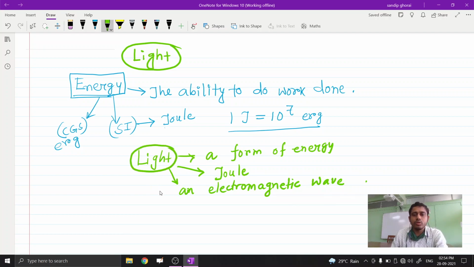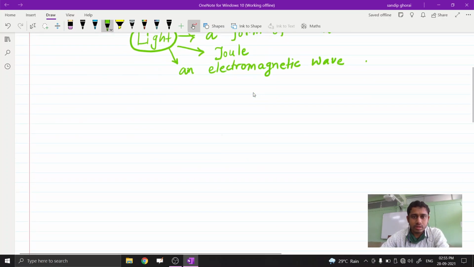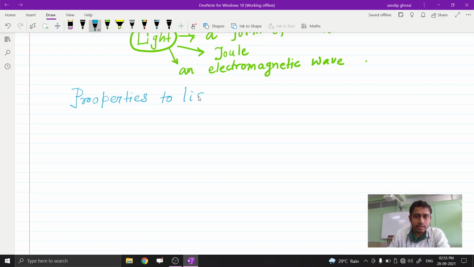All of you know about light. Now the question is, what are the general properties of light? There are several properties of light energy. First one is reflection of light.